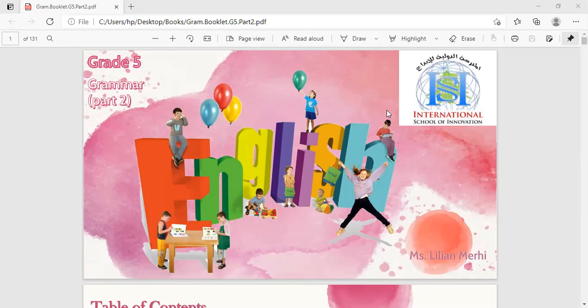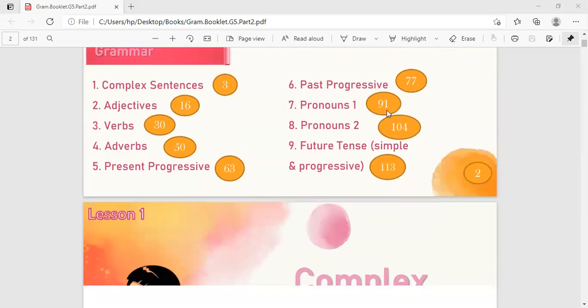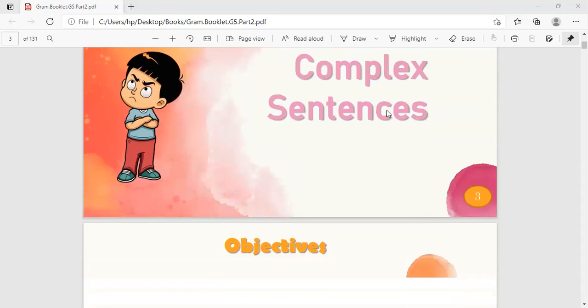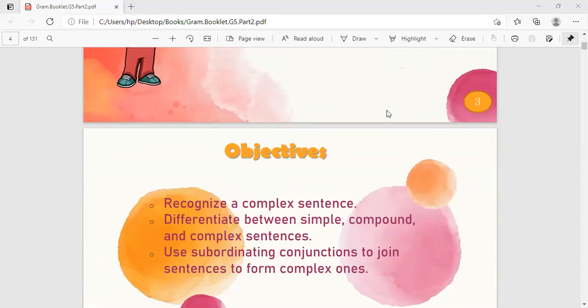But first of all, you have to know what the clause includes, because sometimes the clause makes a sentence, sometimes it doesn't. Pay attention, guys. In order to consider it a clause, it must contain a subject, a verb, and an idea.